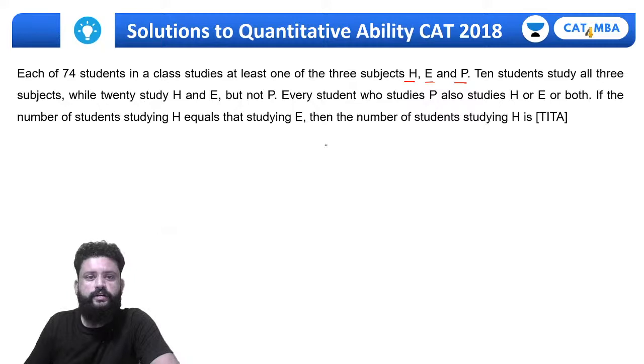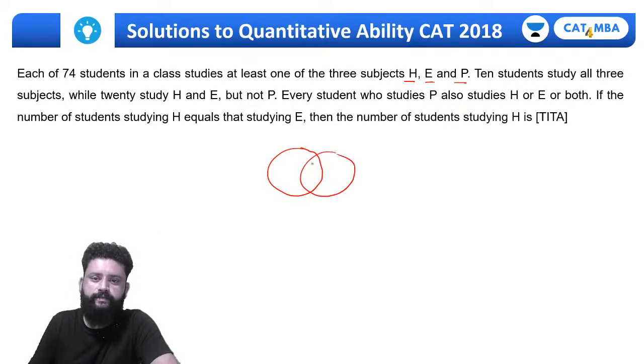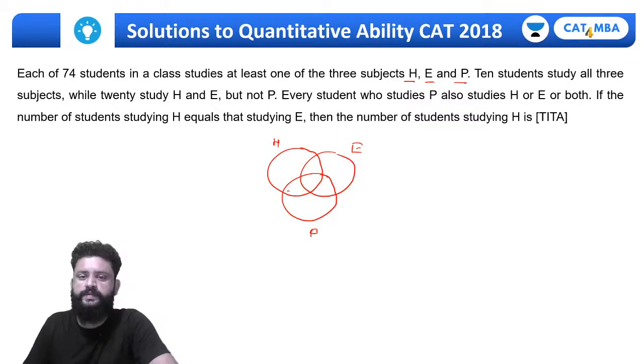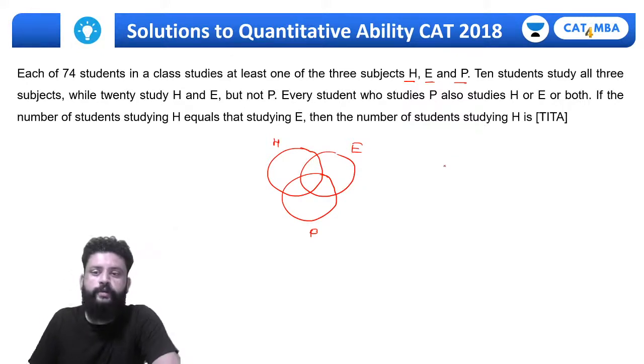Each student studies at least one of these 3, that is either H or E or P. It could be that some have 2 in common, some study 2 subjects, some study 3 subjects, but definitely there is no one who studies none of these subjects.